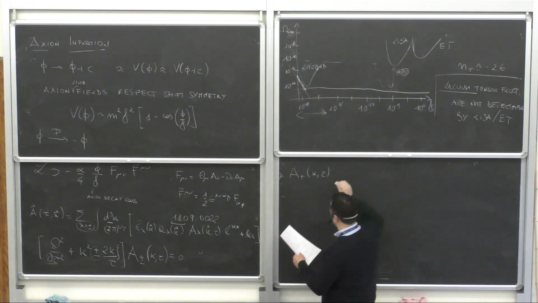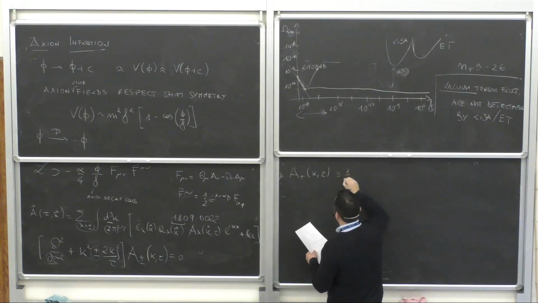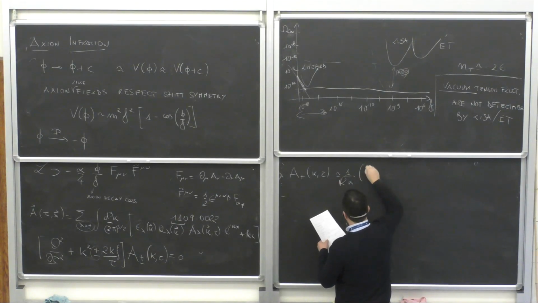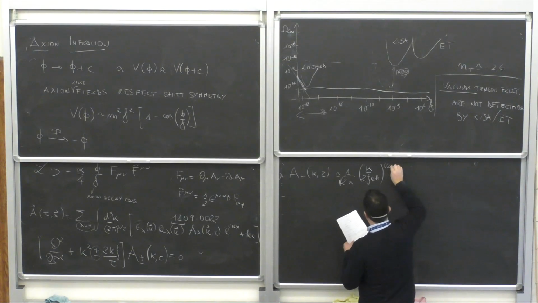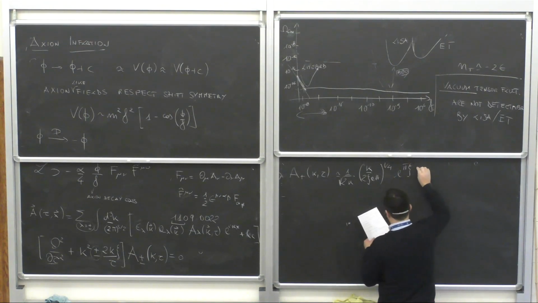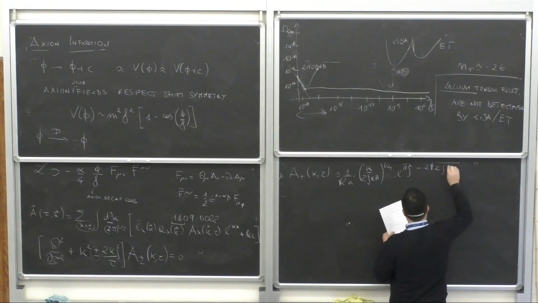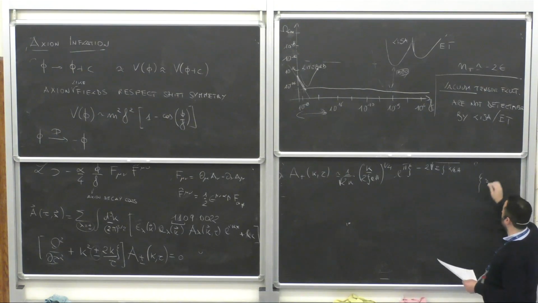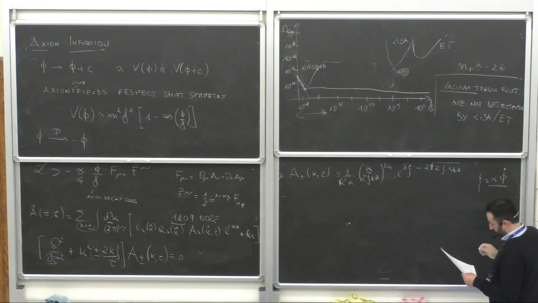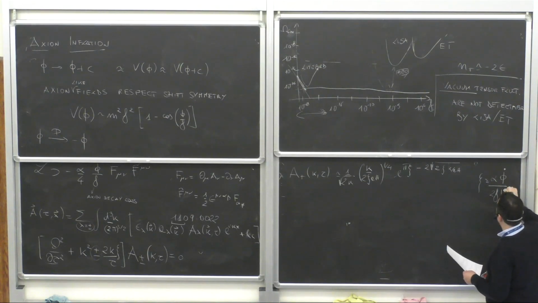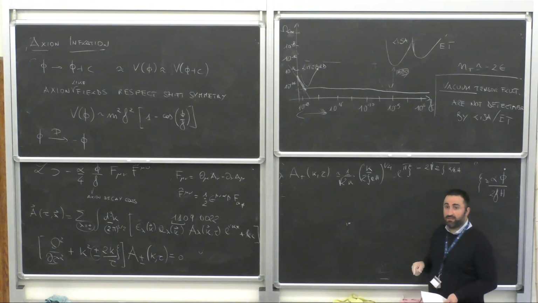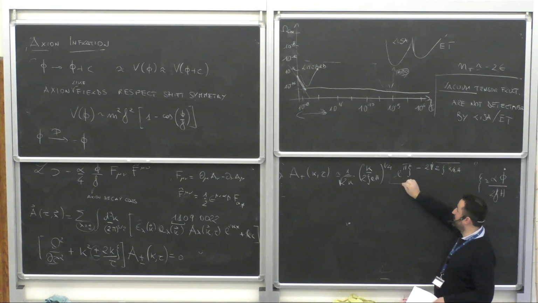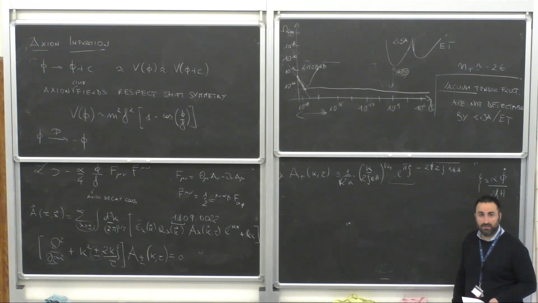It goes like 1 over the square root of 2k, times e to the power of pi xi, where xi is essentially the velocity of your axion field, phi dot over f H. This means that the gauge field goes through a tachyonic instability, and there is an exponential amplification.